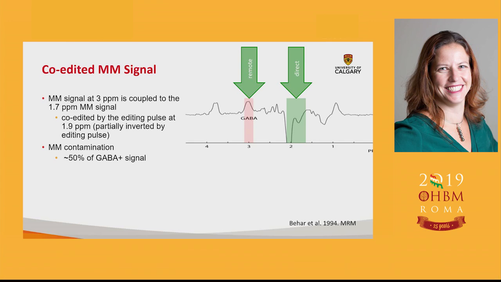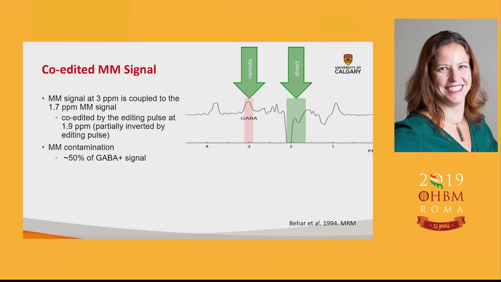What that 50% depends on is how selective your editing pulses are, how stable your scanner is, and it also depends on the individual. So that GABA peak is about half GABA and about half macromolecules. So that, again, is why we call it GABA plus.